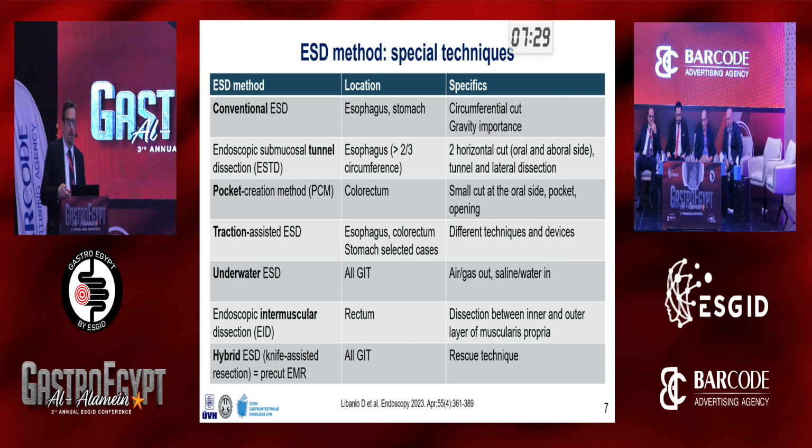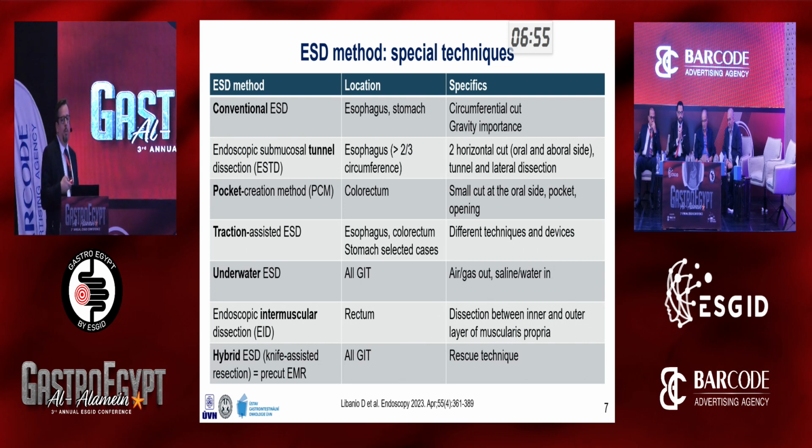I really like this technical overview, which was published this year in Endoscopy, and it shows the special techniques besides the conventional one. What is now quite popular is ESTD, endoscopic submucosal tunnel dissection. It's preferred in the esophagus when the lesion is larger than two-thirds of the circumference. Then there is the pocket creation method, which I like and will talk about a little more later.